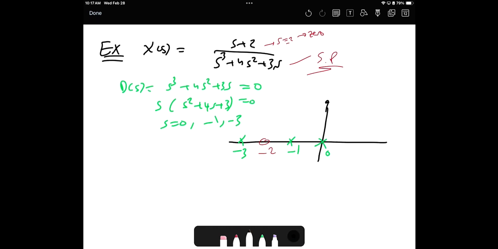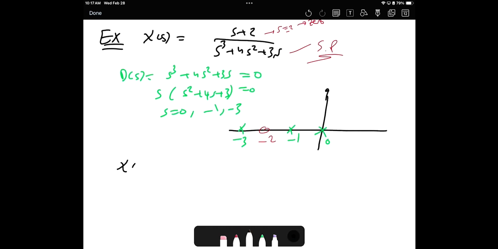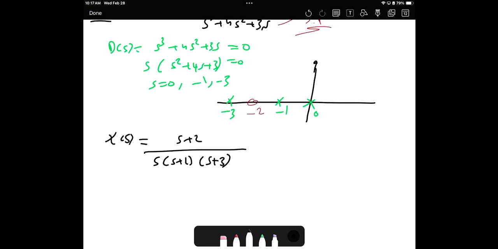Now, after I know the poles, I can rewrite X of s as s plus 2 divided by s, then s plus 1, s plus 3. Now I can guarantee that I wrote it as products, not as a polynomial.